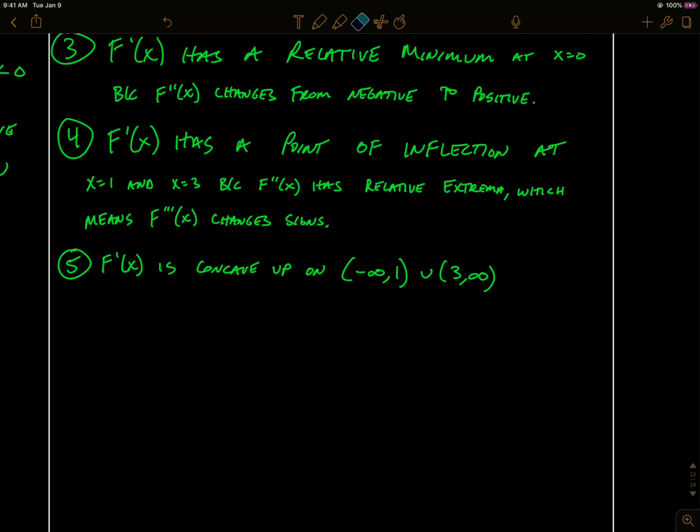That really means that f triple prime is bigger than 0, right? Because if f double prime is increasing, f triple prime is bigger than 0. Anywhere where triple prime is bigger than 0, that means f prime would be concave up.